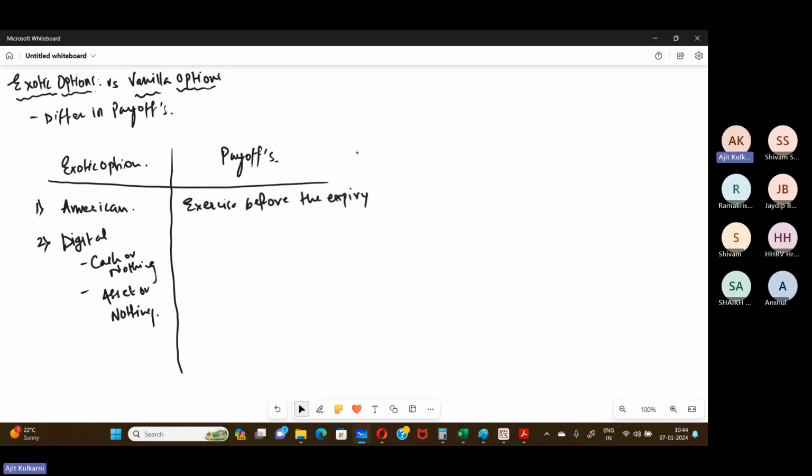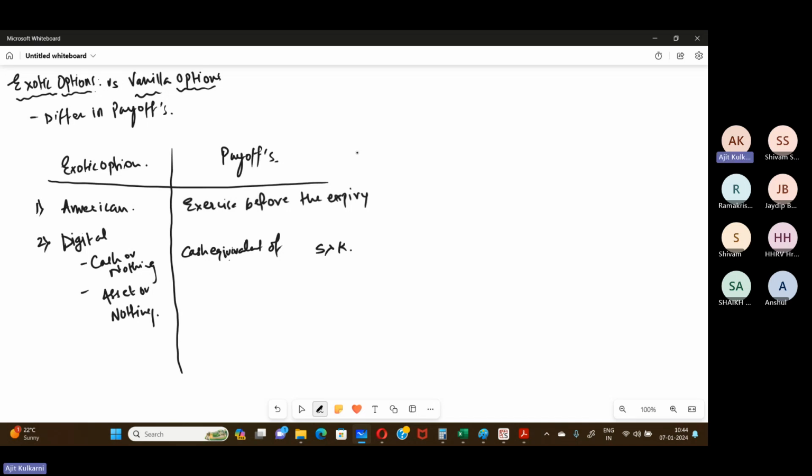So what it says is, if on expiry S is greater than K, then your payoff is the cash equivalent of a fixed payoff.